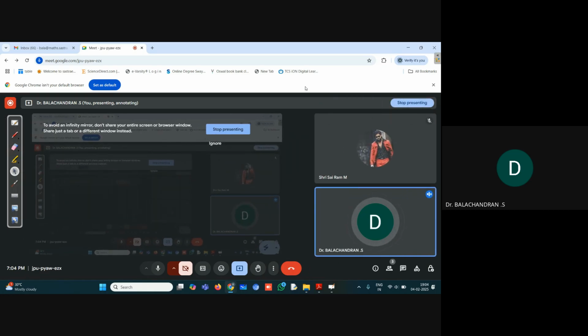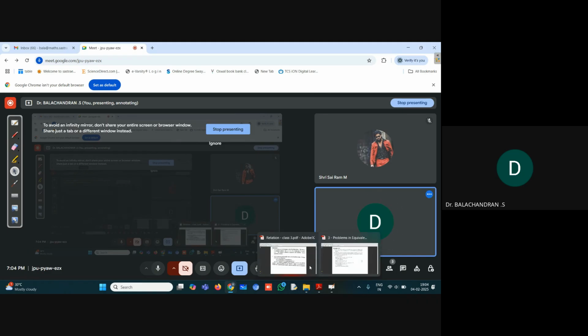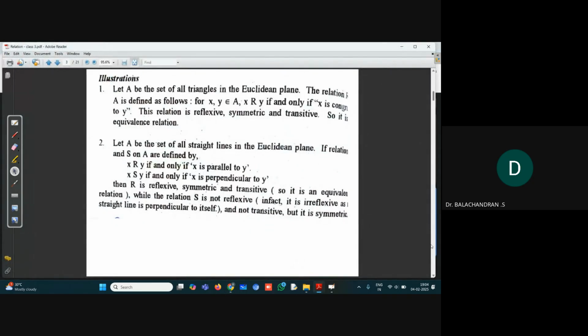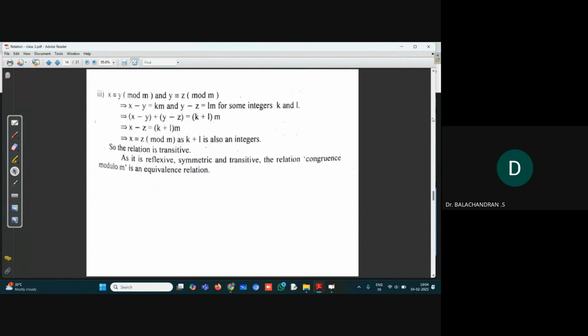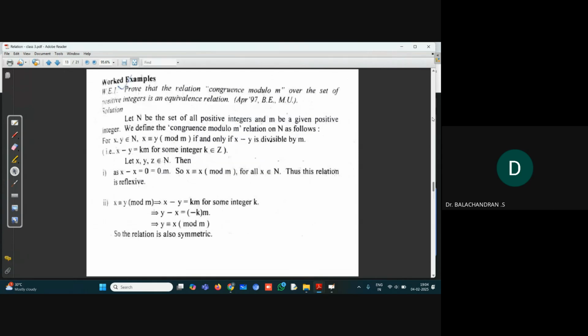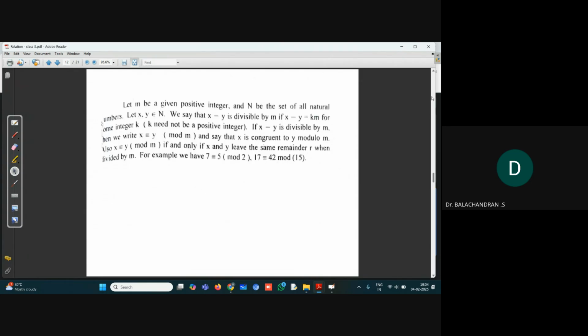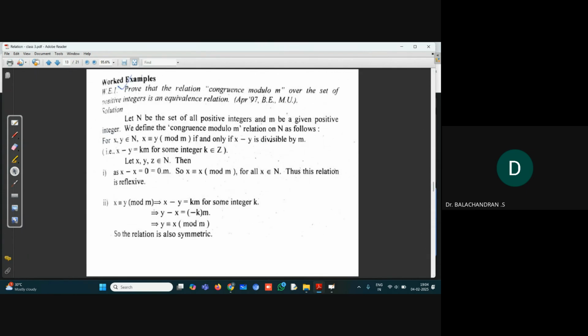Suppose if you have any problem, please mention again. In the last class I explained up to, I think I explained the first example. I don't know exactly whether I explained this example or not.